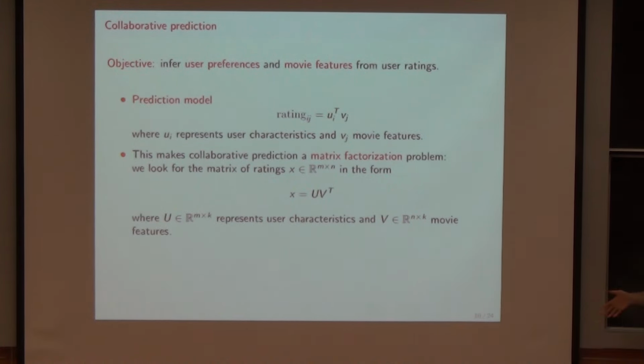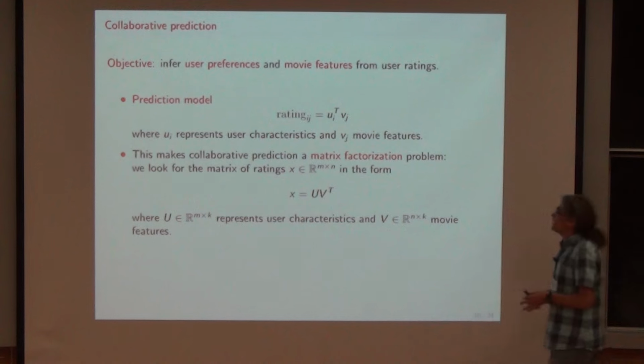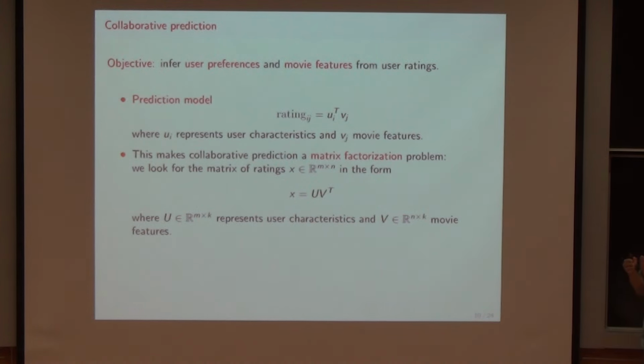One represents the user, and the second represents the movies. So then the big matrix X, the scores for all users, you can represent by this product of 2 matrices. And basically, you can think that these matrices are of small rank.